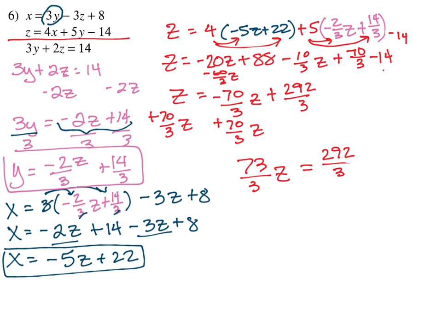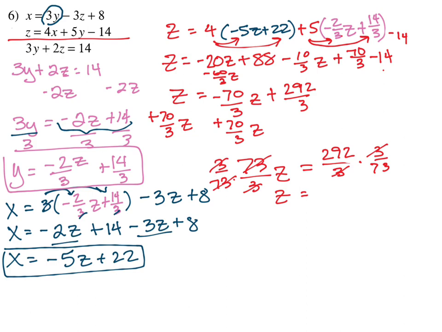How do we get rid of the 73 thirds? Multiply by the reciprocal on both sides. Okay, so our 3's cancel. We lost everything on the left side.